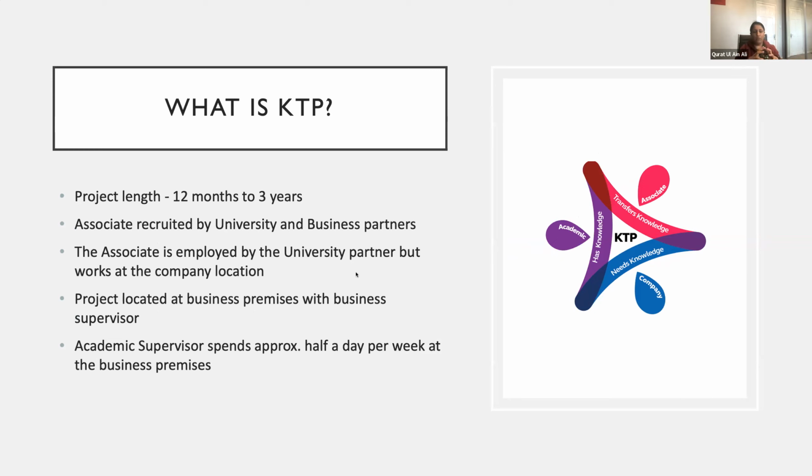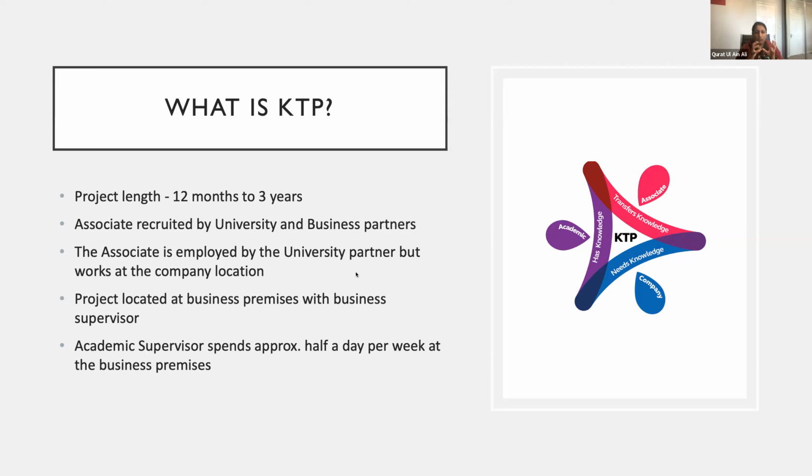So you are an employee of the university or the academic partner. You will be interviewed both by the university and by the industry, but you will be employed by the university partner and you will work at the location of your industrial partner.